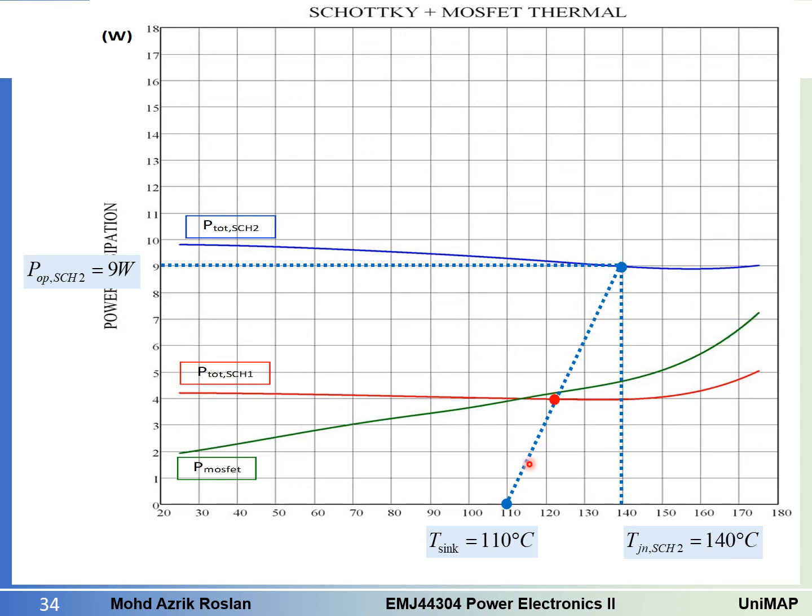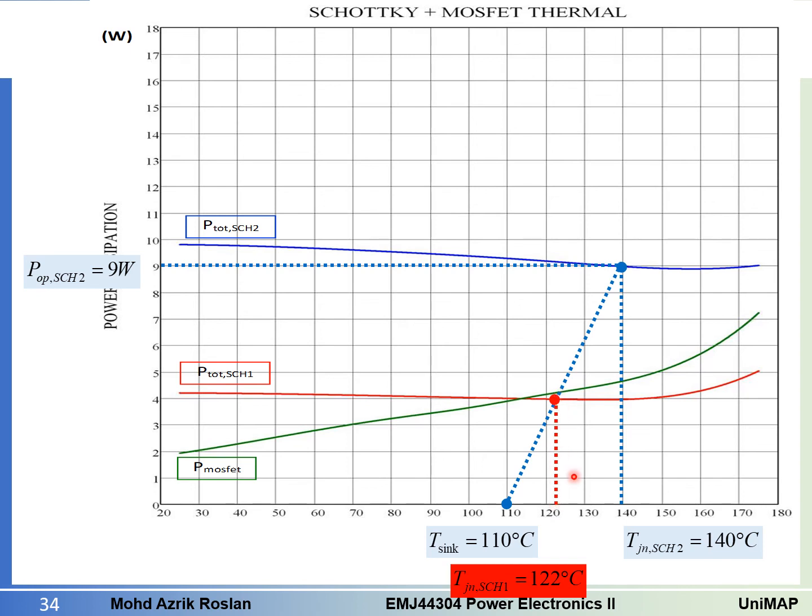We know that the thermal resistance for Schottky 1 and Schottky 2 is the same, so you can share this same thermal resistance slope, and the one that crosses the Schottky 1 curve here will be the operating junction temperature for Schottky 1, which is 122 degrees C. So this is the junction temperature of Schottky 1.